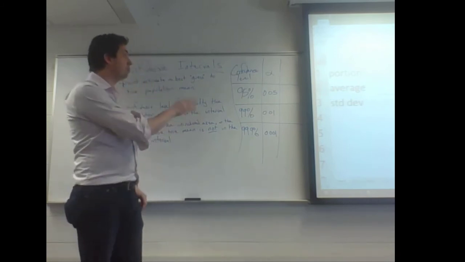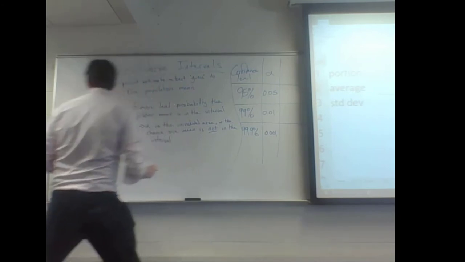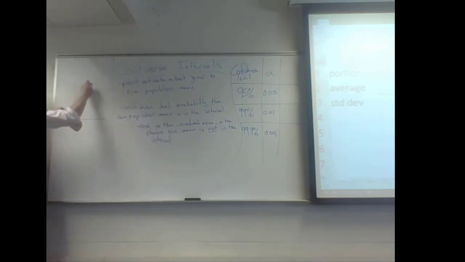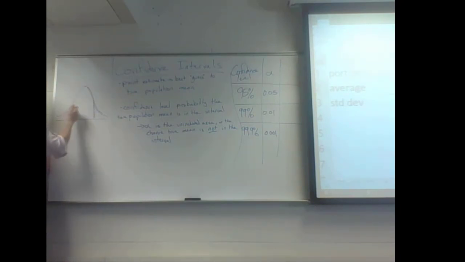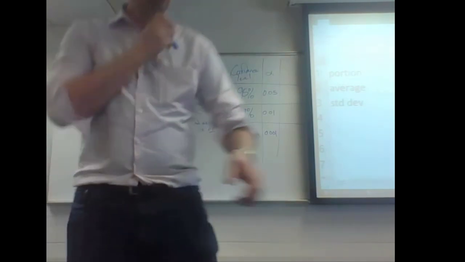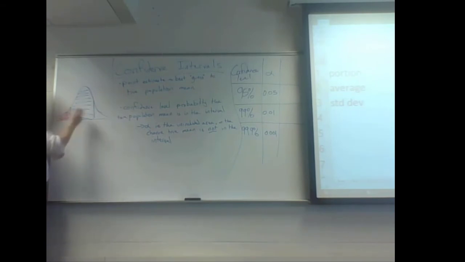Now, these numbers are reflected in what are called z-scores. If this is that interval like we have from the empirical rule, then the alpha is the area that is not included, which is this and this, correct? We're good?